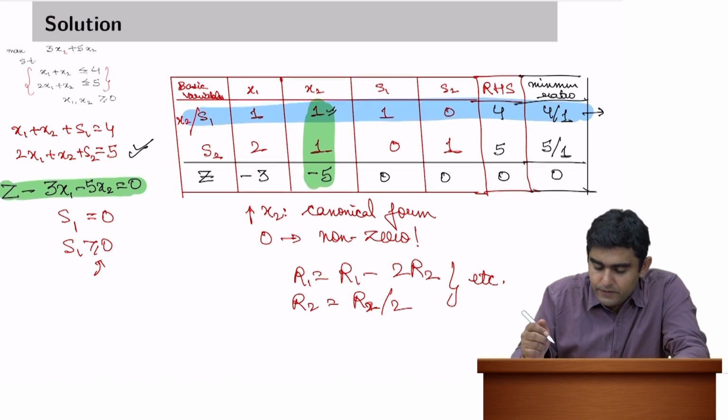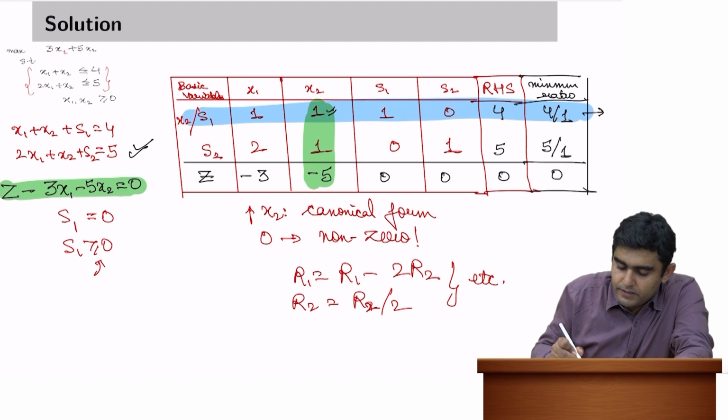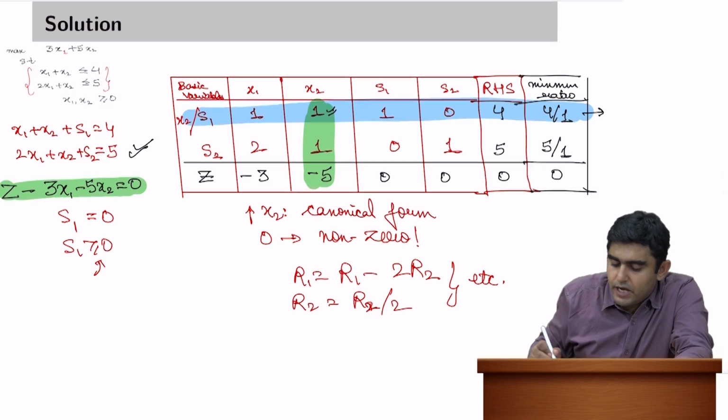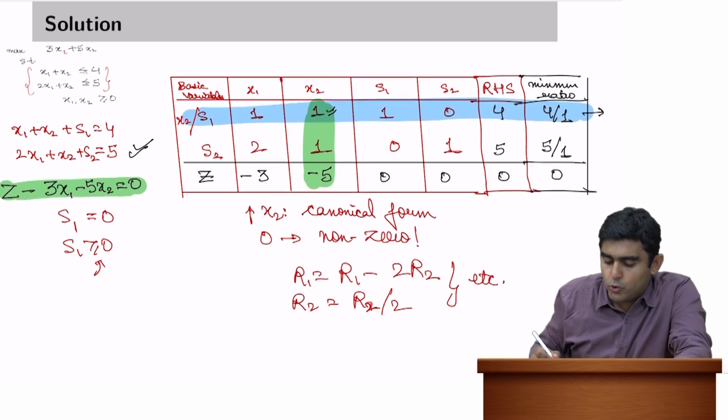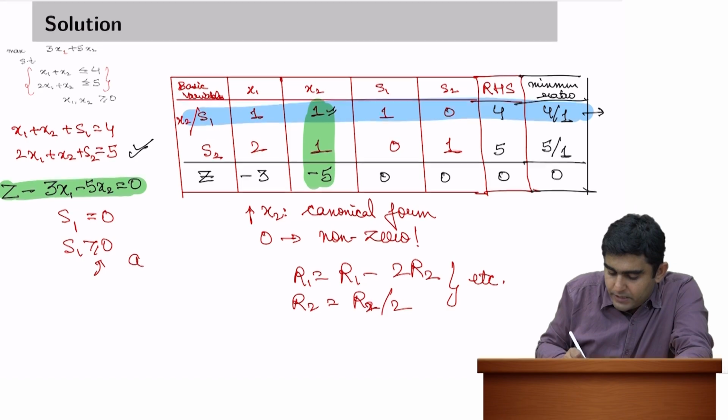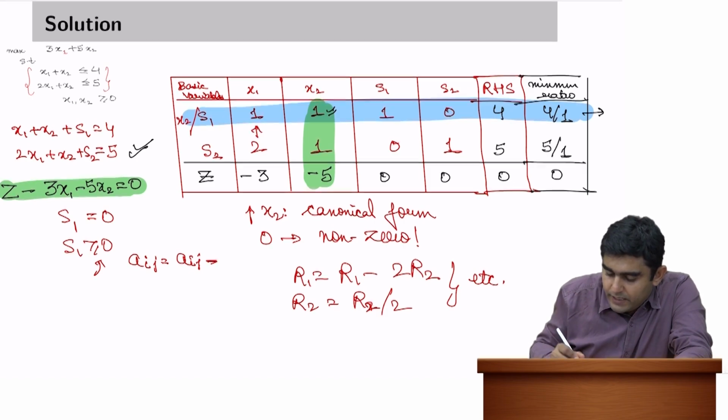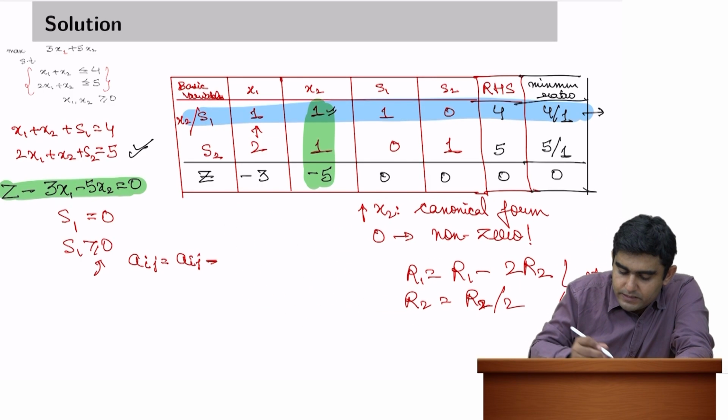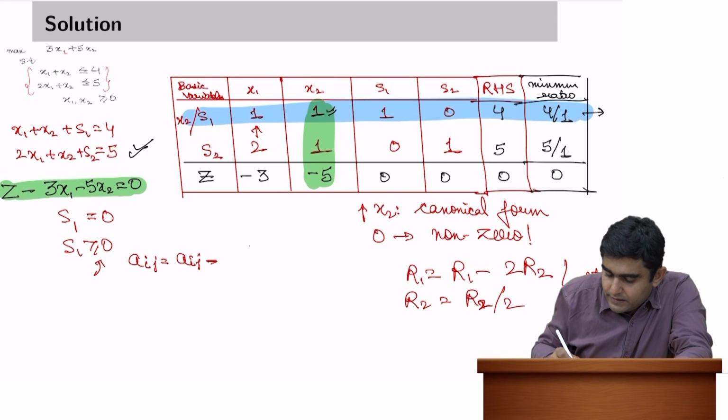So in this case, we apply a very simple trick. For all the elements outside the highlighted columns and rows, their updated value Aij would be their original value minus the value we see in their corresponding row, A highlighted row multiplied by A highlighted column divided by the pivot element.